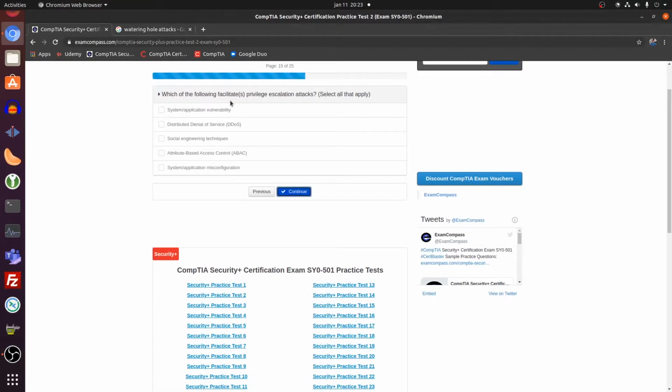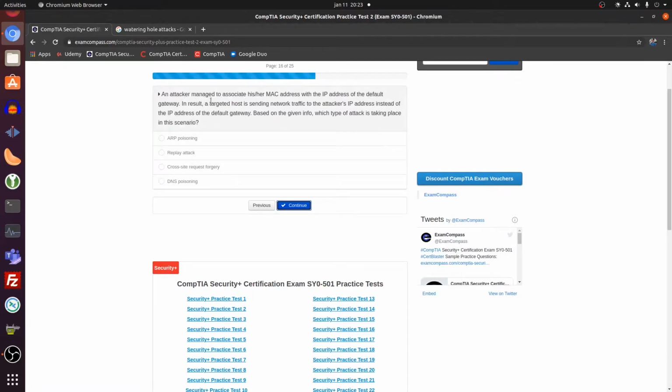Which of the following facilitates privilege escalation attacks? System vulnerability, this one. I think this one, because you can either manipulate somebody by getting more privileges, or it's just a simple misconfiguration of a system or application.